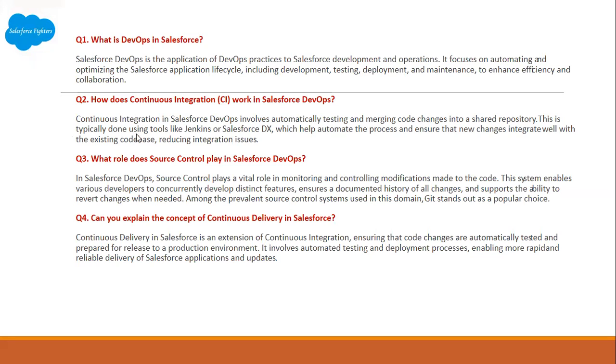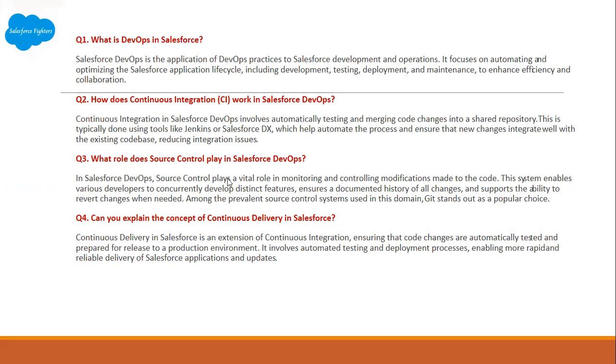This is typically done using tools like Jenkins or Salesforce DX, which help automate the process and ensure that new changes integrate well with the existing code base, reducing integration issues.